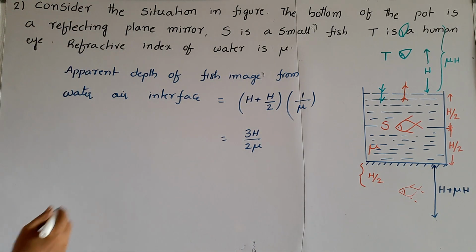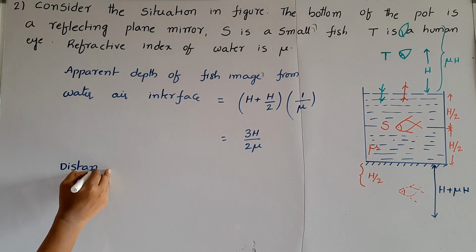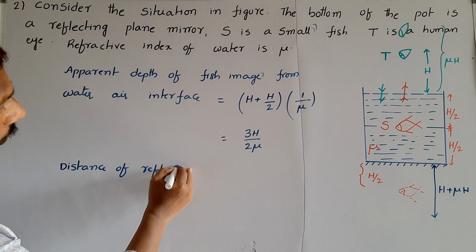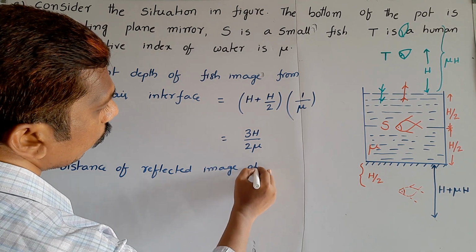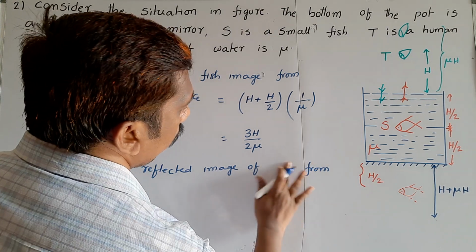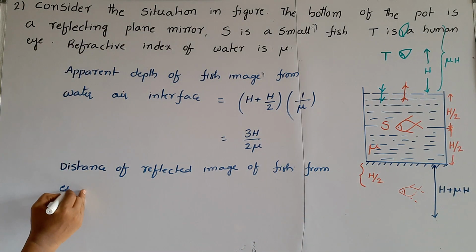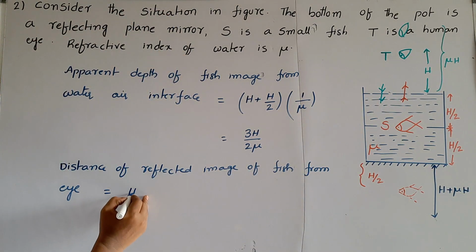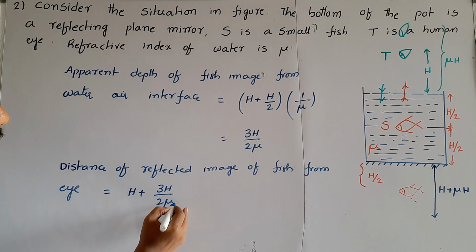Okay now, we calculate the distance of the reflected image of the fish from the eye. The eye is at a height of h meters from the interface and the image is at a depth of 3h by 2 mu.